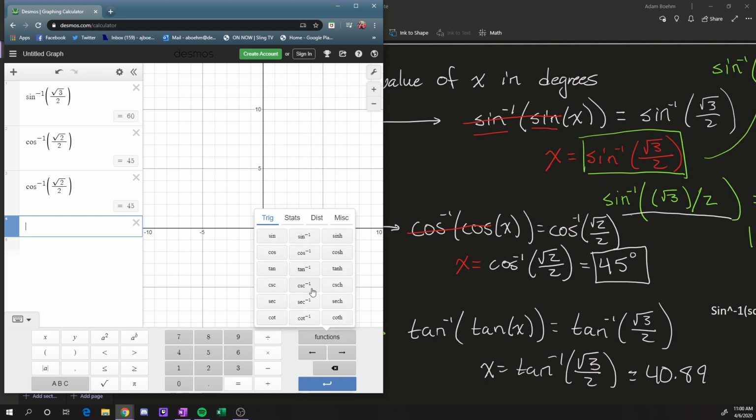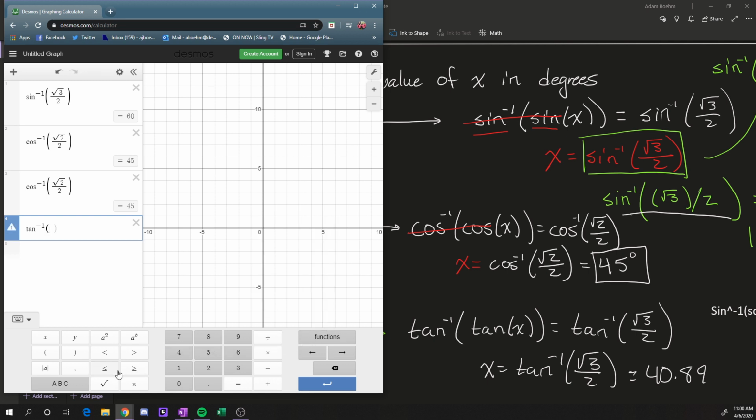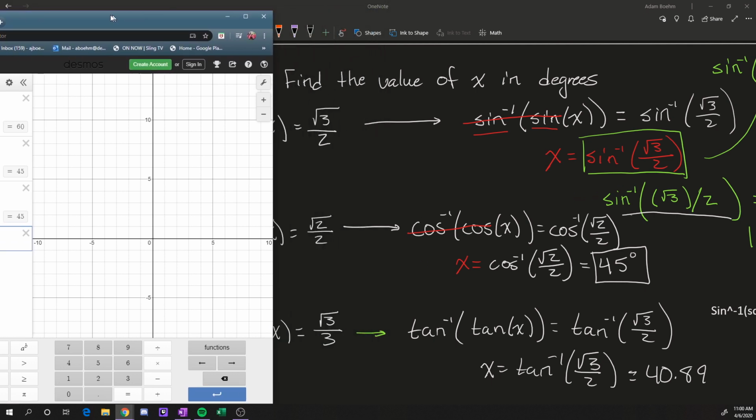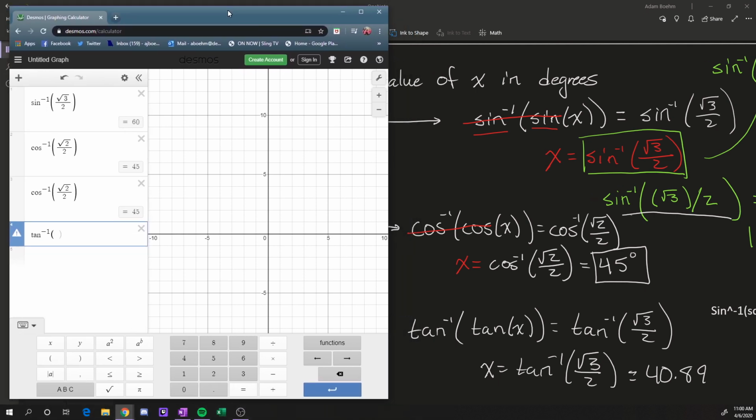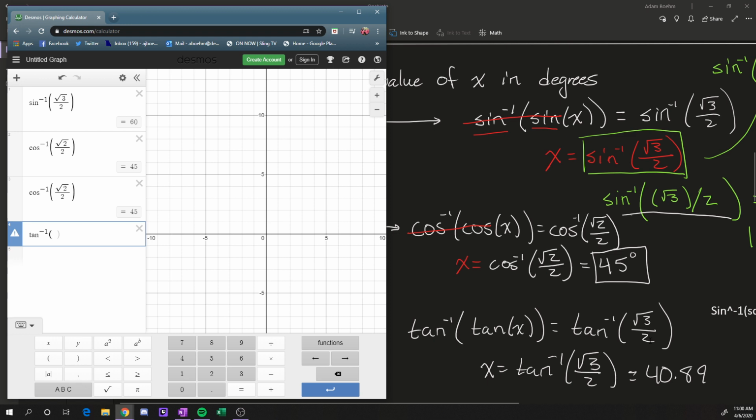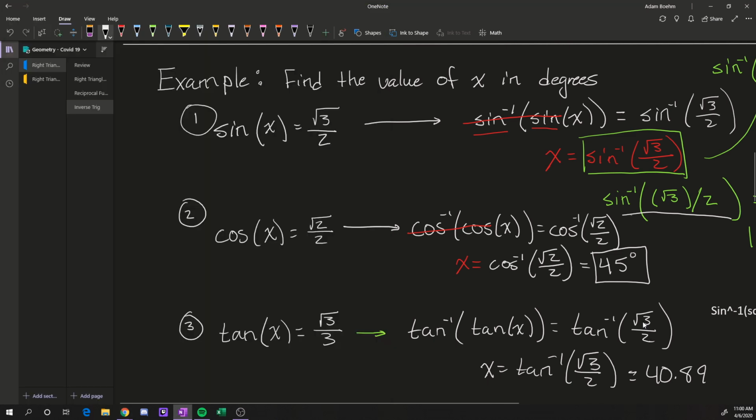So we'd get inverse tangent. Oh, that's root 3 over 3. Sorry, I typed that in wrong. Should get 30.